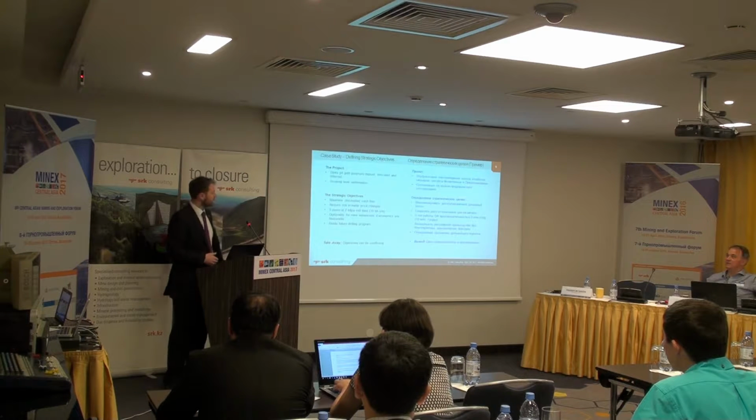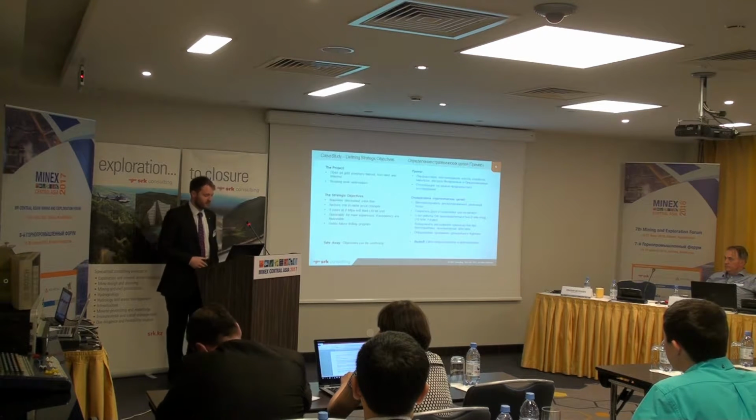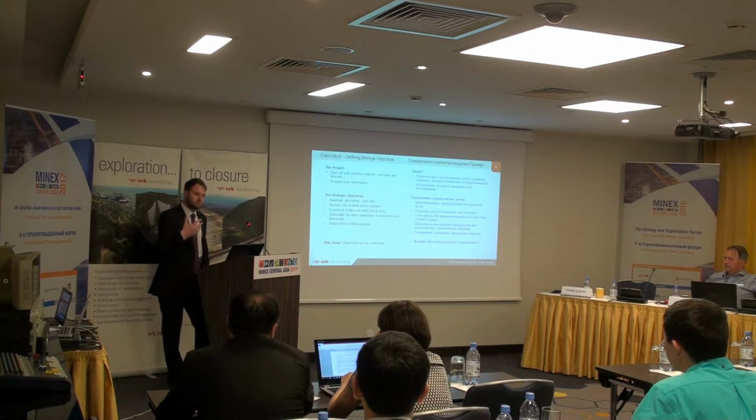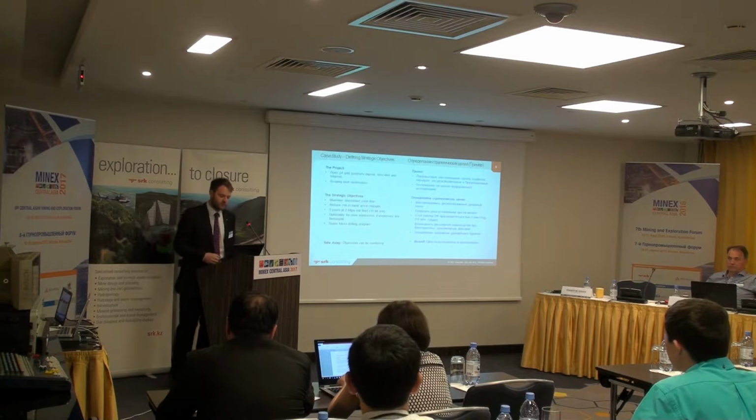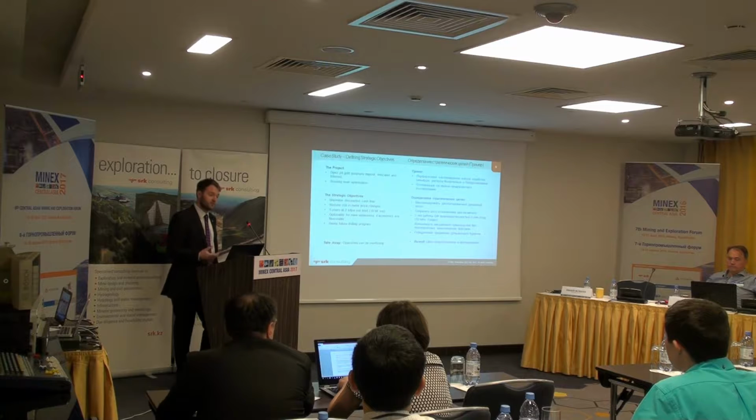So there are a number of strategic objectives which are stated here for the company. The company would like to maximise the discounted cash flow for the project. It would like to reduce the risk of the project relative to price changes.